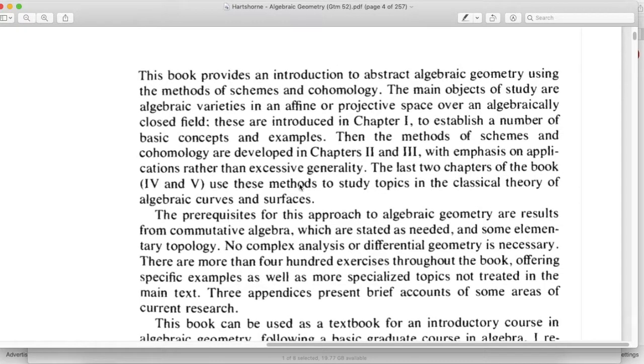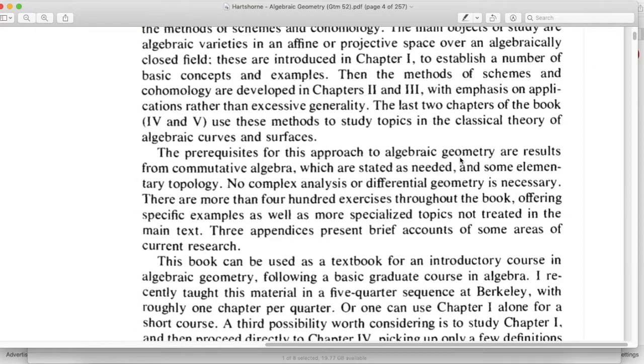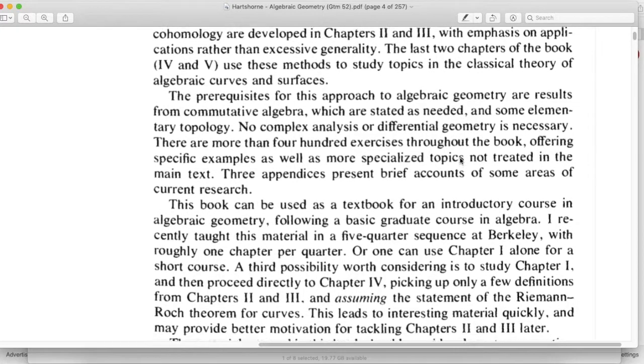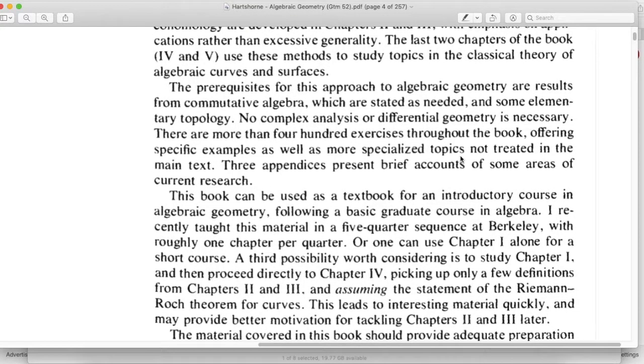The last chapters, 4 and 5, use these methods to study topics in the classical theory of algebraic curves and surfaces. The prerequisites for this approach are results from commutative algebra, which are stated as needed, and some elementary topology. No complex analysis or differential geometry is necessary.